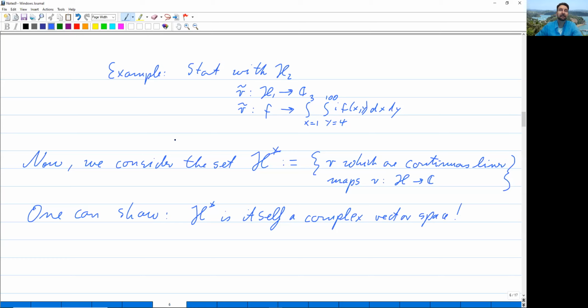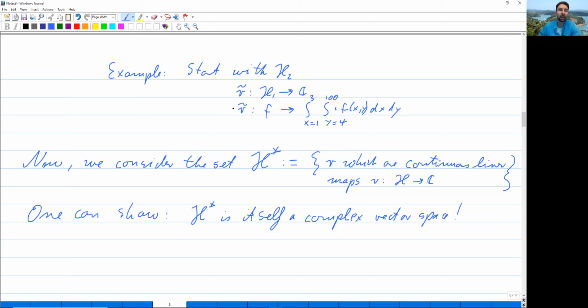What does that mean? It means that if you have not just R tilde, but also another element S tilde, which is also a continuous linear map from functions into complex numbers, then you can add them, right?